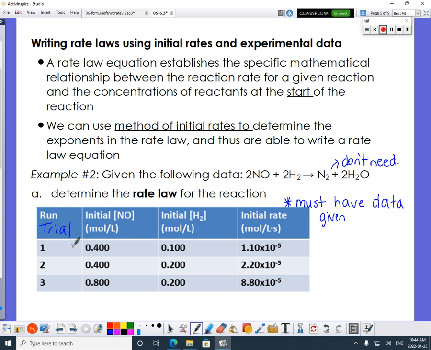So instead of just saying it greatly increased, let's figure out how it increased. And again, you're only given information or data about the reactants, because that's what we're going to use to write the rate law.